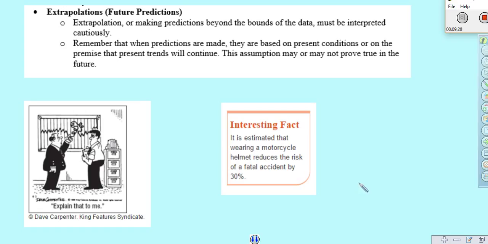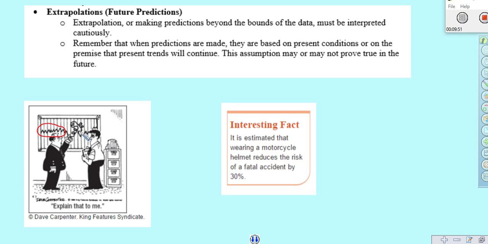So, slow down and read that again. Making predictions beyond the bounds of the data. So, here's a funny little clip that I came across in your textbook. We've collected data, we've charted it, and then you see this crazy thing happen, which is completely different than the data that had come previously. So it's kind of like making a future prediction. Well, what caused this to happen?